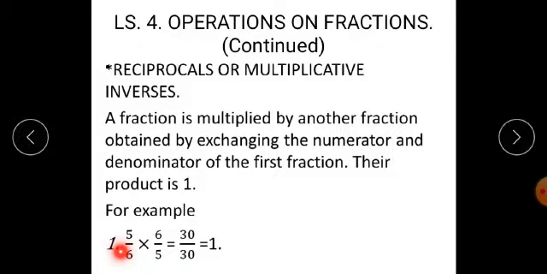The first fraction is 5 upon 6, and in the second fraction, the numerator of the first fraction becomes the denominator, and the denominator of the first fraction becomes the numerator. 5 into 6 is equal to 30, and 6 into 5 is equal to 30, and 30 is divisible by 30, and therefore we get the answer as 1. Therefore their product is 1.